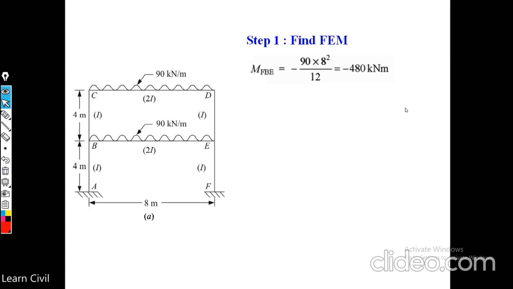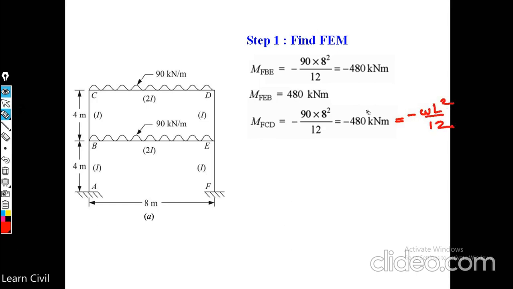Similarly, we get the fixed end moment for EB, which should be of opposite sign to that of B. Therefore, we get the fixed end moment for EB as 480 kilonewton meter. Now for span CD, the fixed end moment is again minus 90 into 8 square divided by 12, which is equal to minus 480 kilonewton meter. The formula again used here is minus WL square divided by 12.